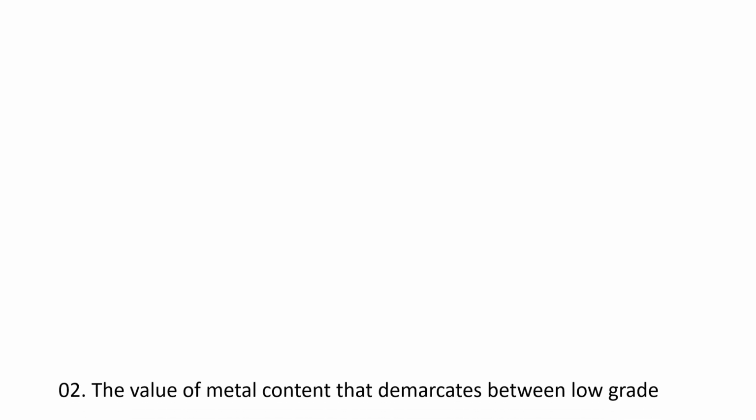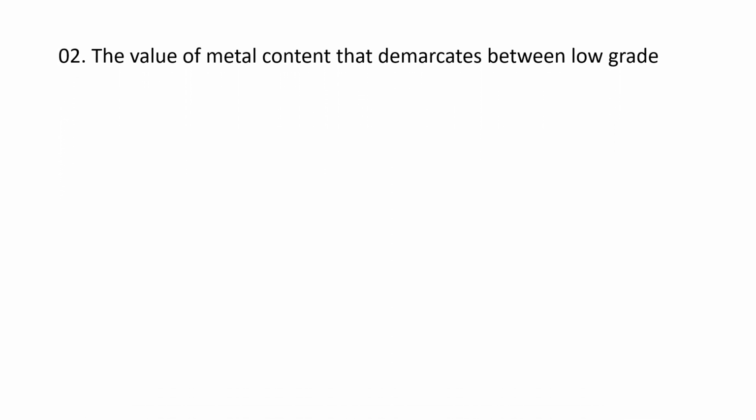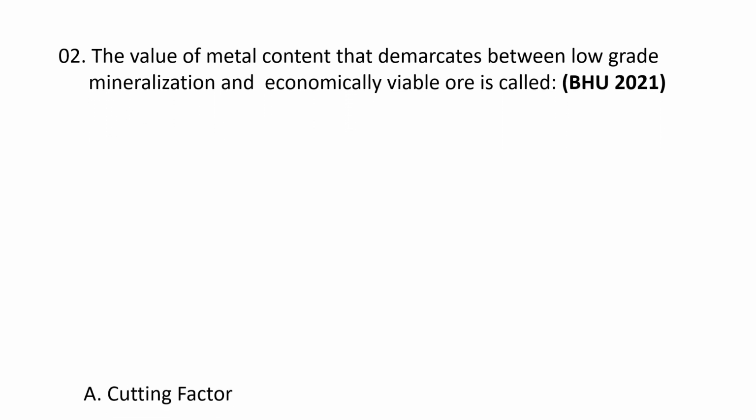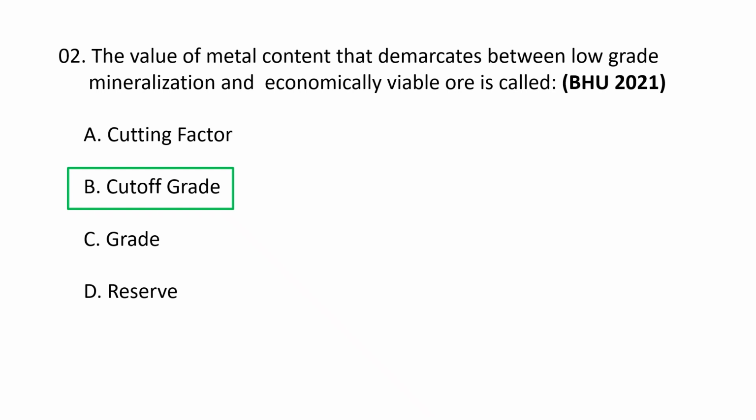Next question. The value of metal content that demarcates between low-grade mineralization and economically viable ore is called A. Cutting factor, B. Cutoff grade, C. Grade, D. Reserve. The correct option is B. Cutoff grade.